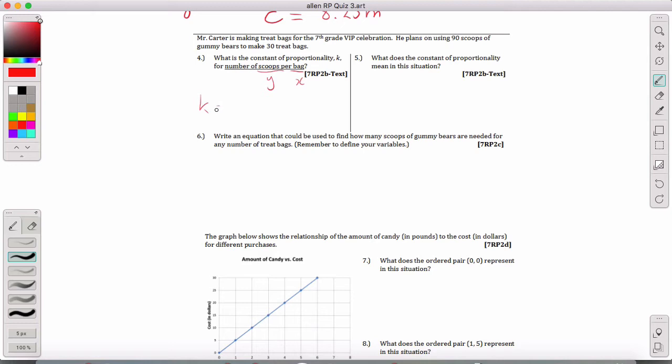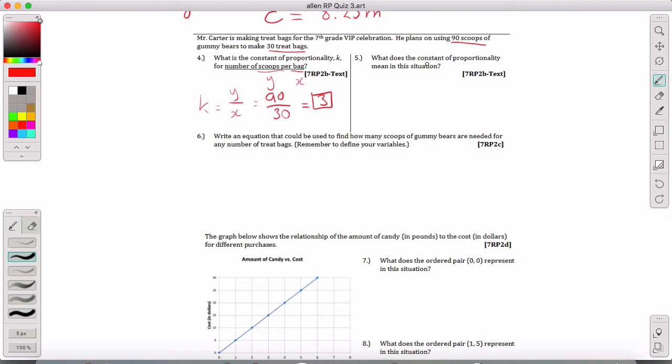So I know that K is always Y divided by X. So in this case, the number for scoops is 90. So I've got 90 scoops over 30 bags. That's my X thing. 90 divided by 30 equals 3. So K equals 3.